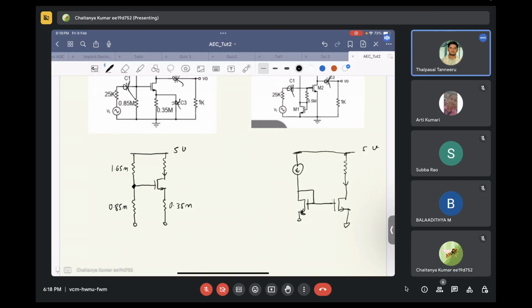So let's try to calculate it in parallel. What will be the voltage at the gate of the transistor? Sir, 0.85 mega ohms by 0.85 mega ohms plus 1.5 mega ohms into 5 volts. So how much does this come out to be?